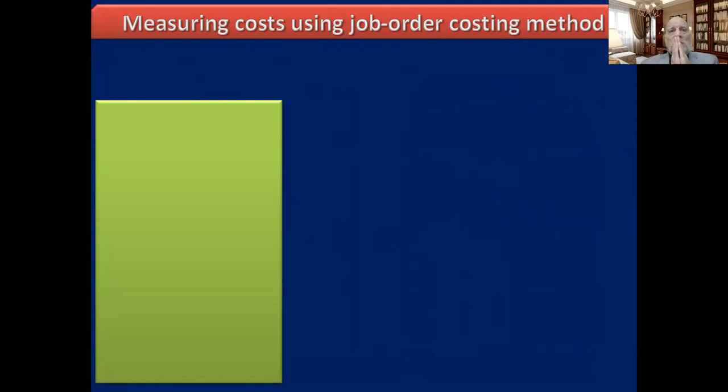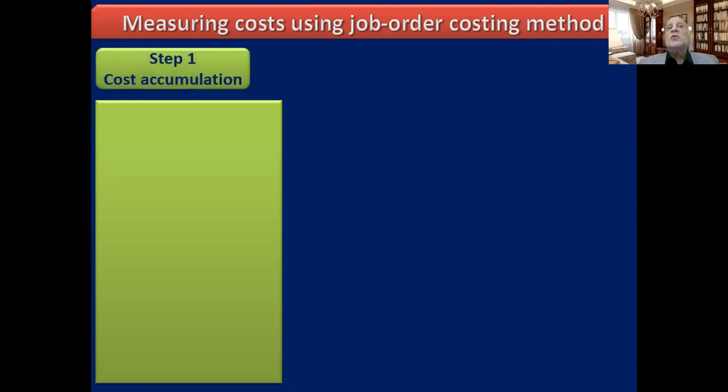In order to measure costs using the job order costing method, we have two steps through which we can measure costs using this type of costing system. The first step is to accumulate costs.